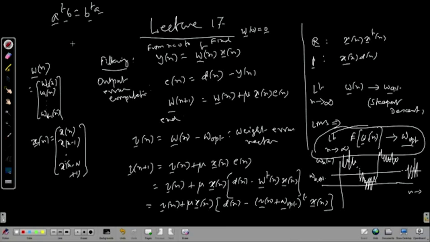Okay, this is very simple. So, V n transpose x n is same as x n transpose V n, and that I take out.